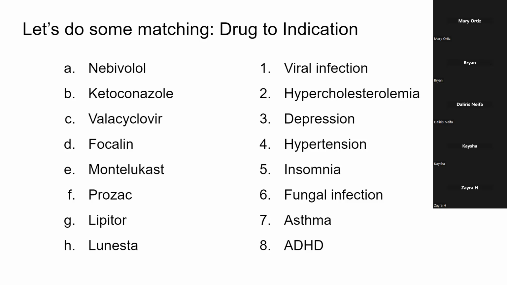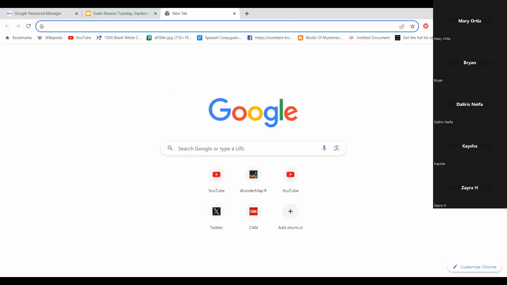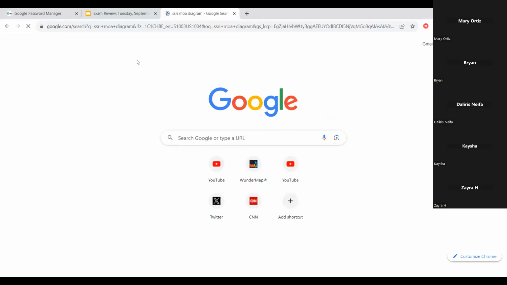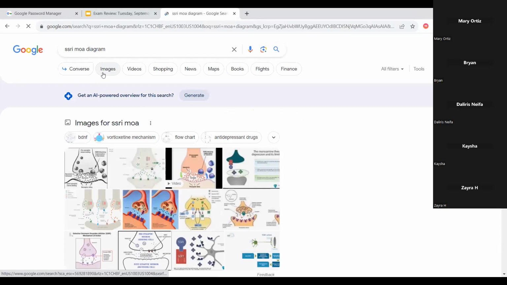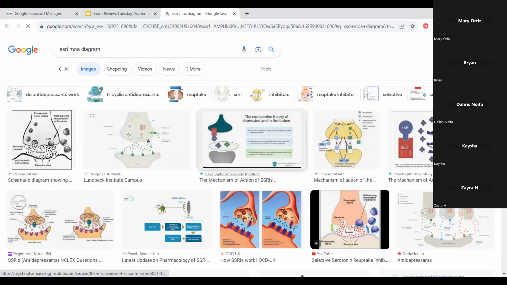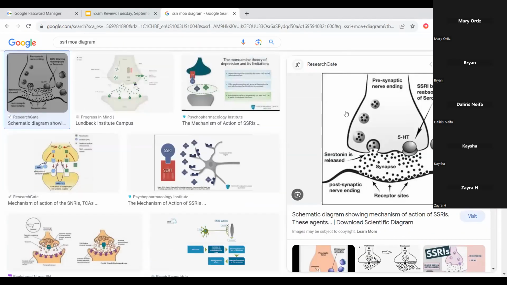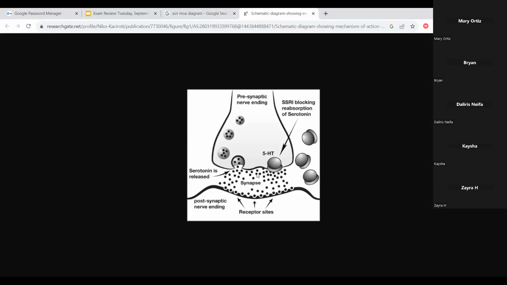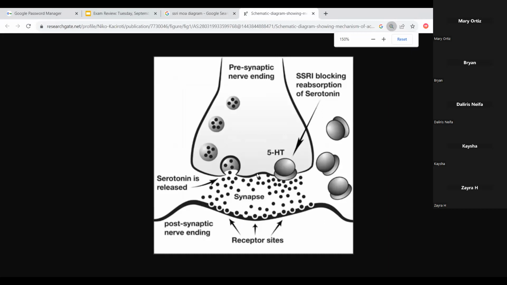Actually, on the computer, let me show the diagram that I'll be explaining. Yeah, this is what I'm talking about. All right, so for folks online, this is what I'm going to be drawing on the board while I'm explaining it, okay?